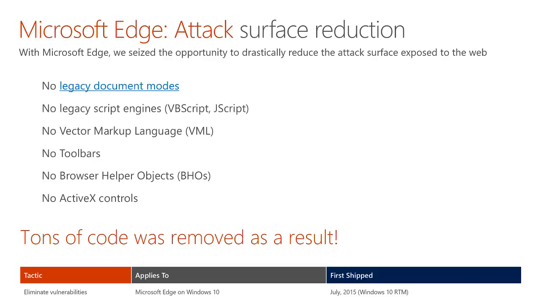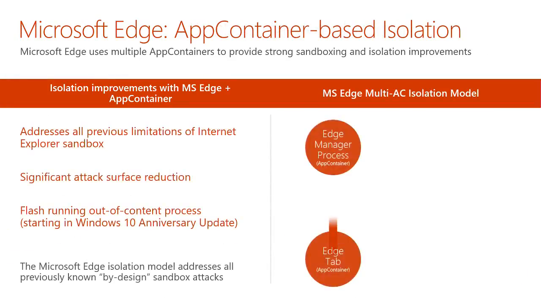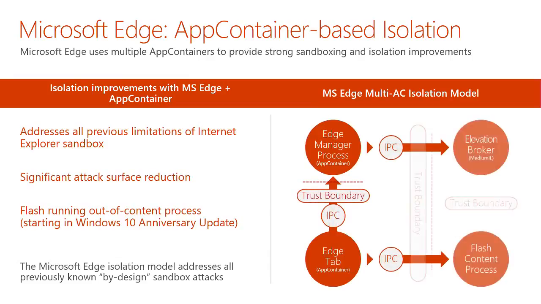So they're making Edge harder to attack by removing code, but Edge is also designed as a modern application. You know these, it was Metro applications and it was modern applications, and now it's what, Universal Windows Platform applications. I'm not a developer, I think those are the terms.